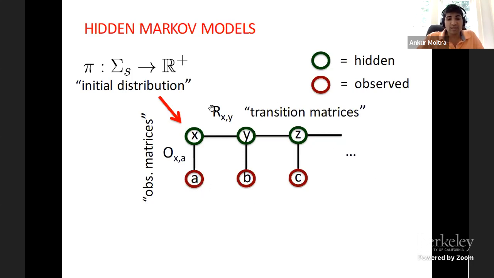And then there's a bunch of transition matrices that describe, once you tell me the state at X, how does that affect the distribution on the state at Y? So this is what a hidden Markov model is. It's just a special case of one of these phylogenetic tree models where you have a very simple underlying tree.